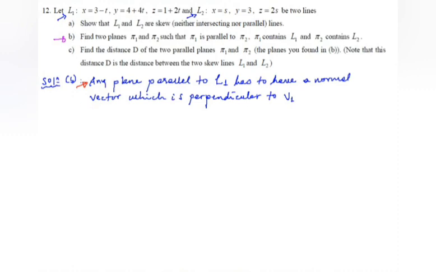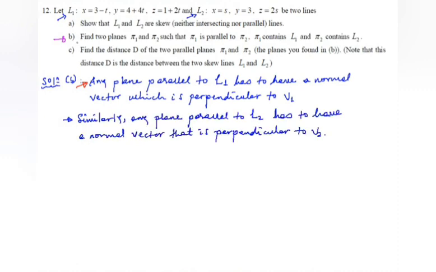At the same time, similarly, we need to have this concept. Any plane parallel to L2 has to have a normal vector that is perpendicular to V2, because each plane has its own normal vector.